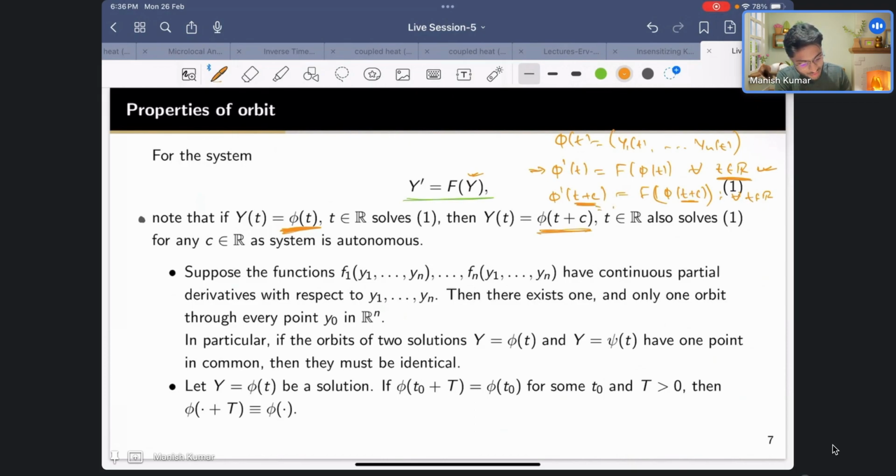So if phi t is a solution, then phi of t plus c is also a solution.